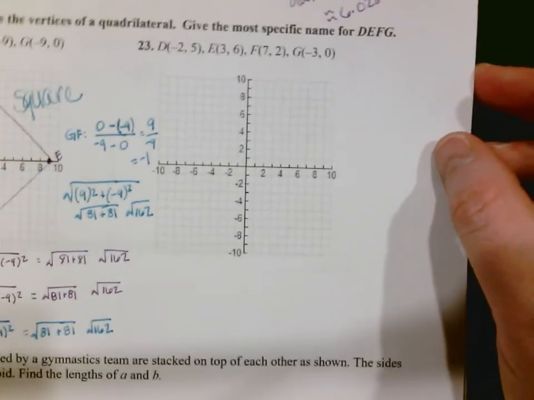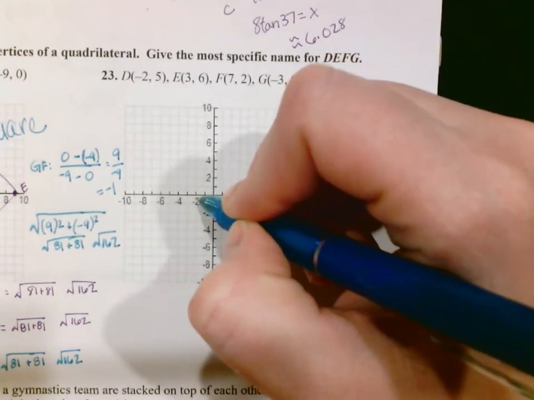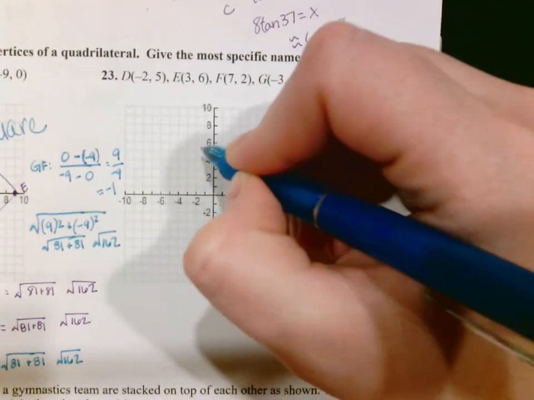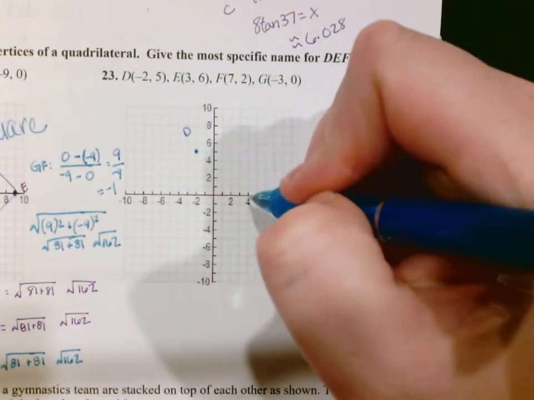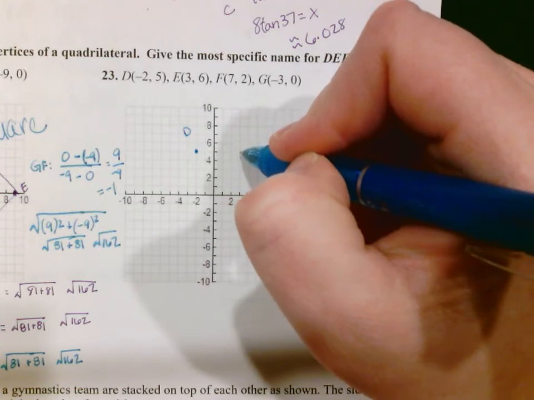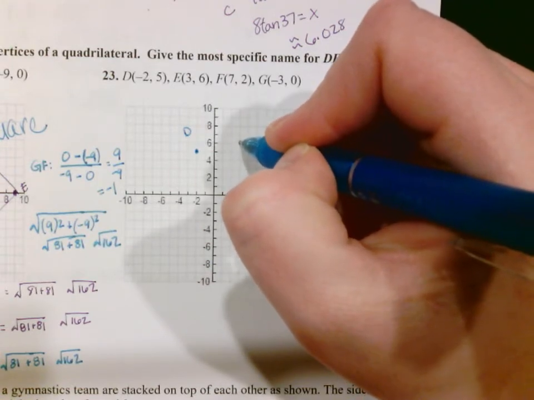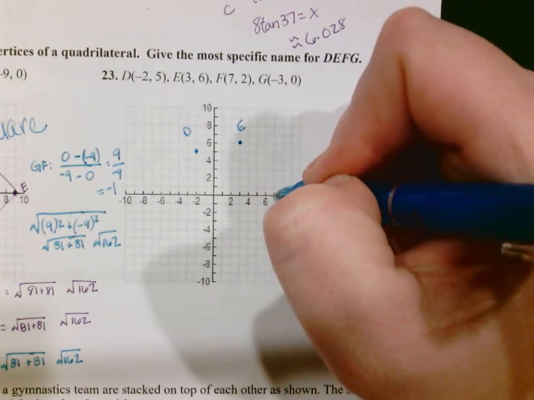Coming over to this one, D's at -2, 5. So this is D. E's at 3, 6. F is at 7, 2.